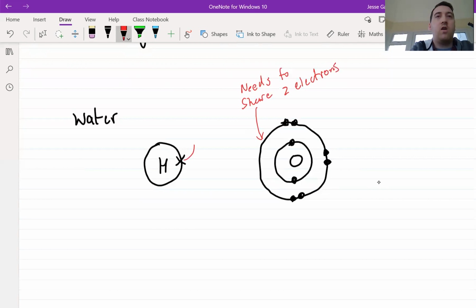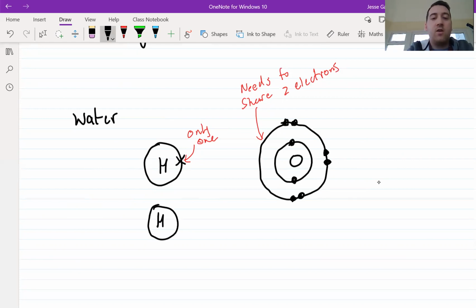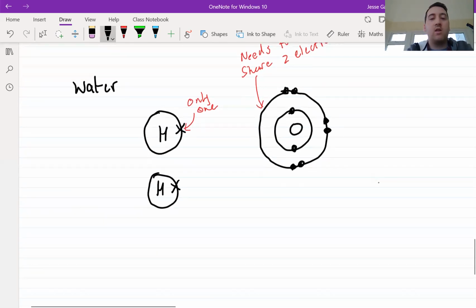But that's tough luck for oxygen because hydrogen's only got 1. Well, if they join together, then oxygen's not going to be stable. So that's actually not going to help oxygen. Okay, so if this is going to work, the only other way that we can make oxygen be stable is to add another hydrogen. Now we've got 2 extra electrons that can combine.